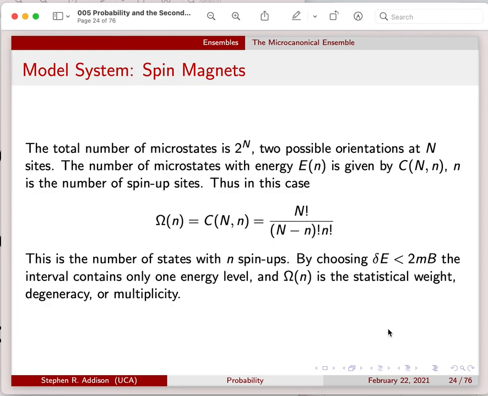We can just look up the answer, and that gives us the multiplicity, the number of states with n spin-ups. Simply by choosing the range of energy to be less than 2MB, the interval contains a single energy level, and that is the statistical weight in this particular case.